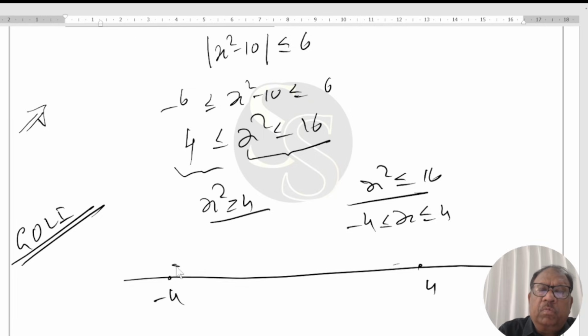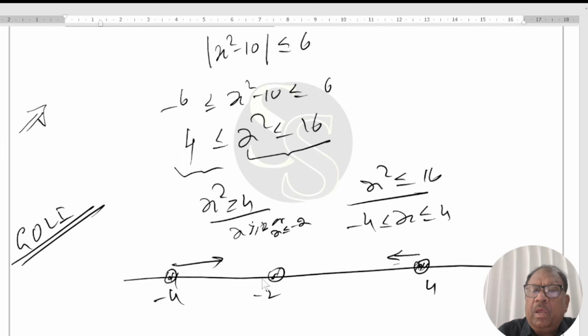Accordingly we move in this side, we move in this side, and in this case x less than or equal to 2, x greater than or equal to 2 or x less than or equal to -2. Then -2, this is closed interval, this is closed interval, this is closed interval, and +2.